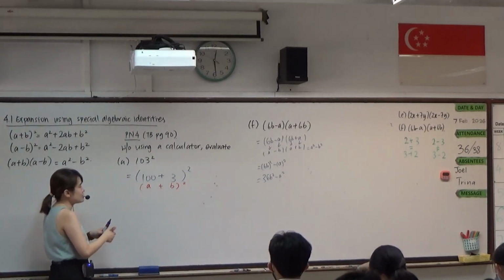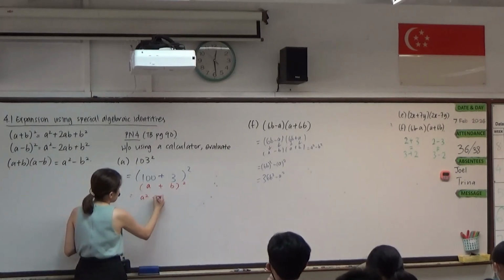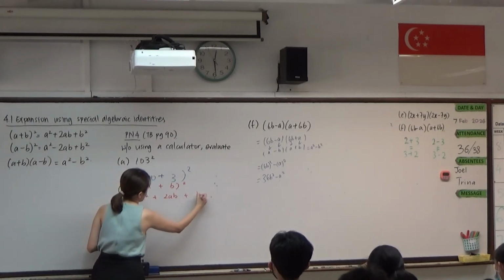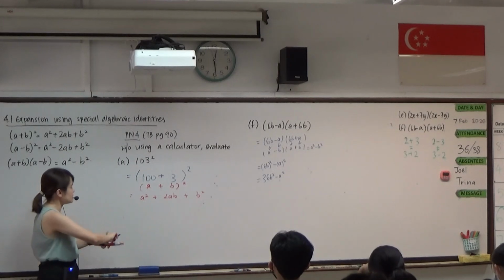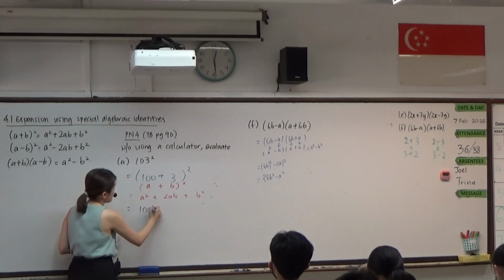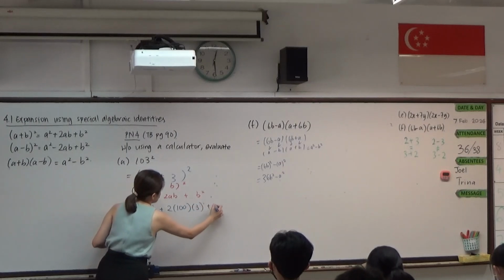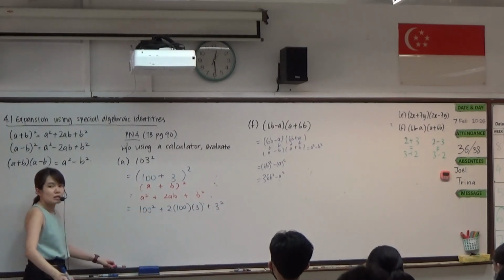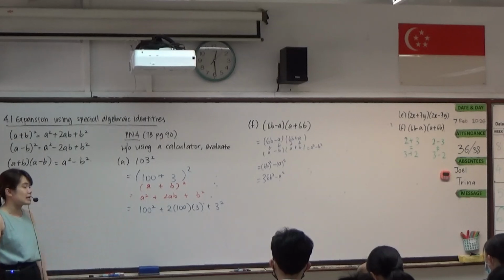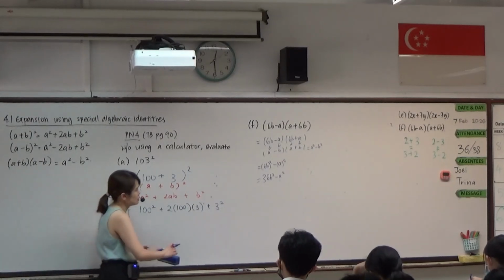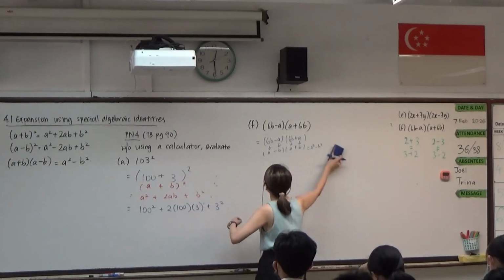That will allow us to get A square plus 2AB plus B square, which is 100 square plus 2 times 100 times 3 plus 3 square. 100 square without a calculator is 10,000, with 4 zeros.